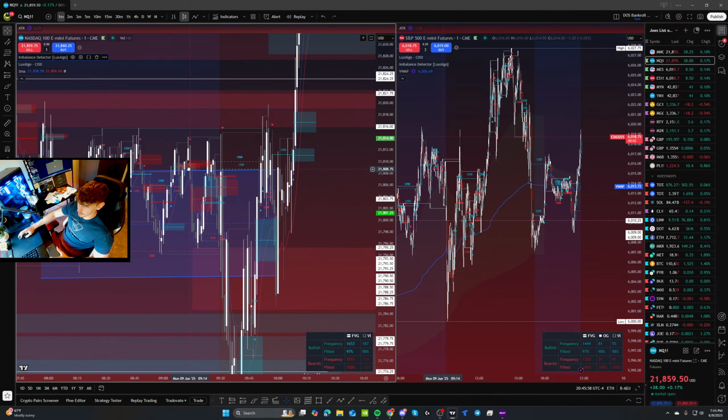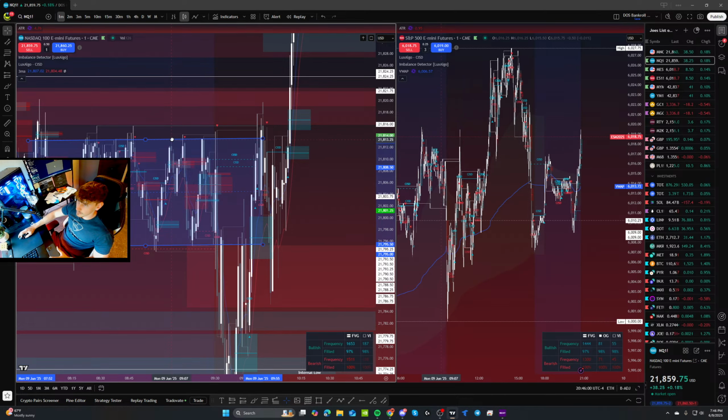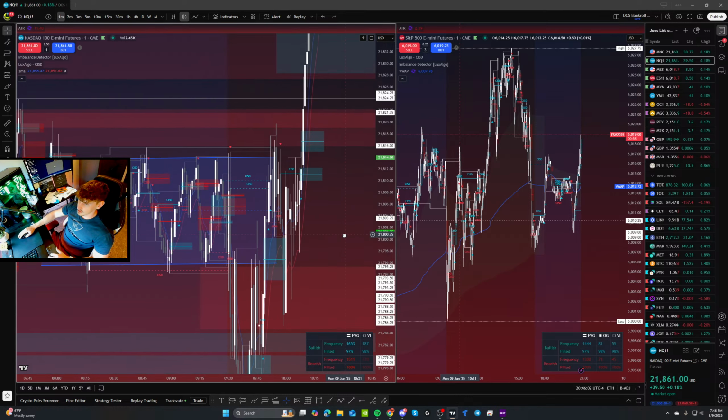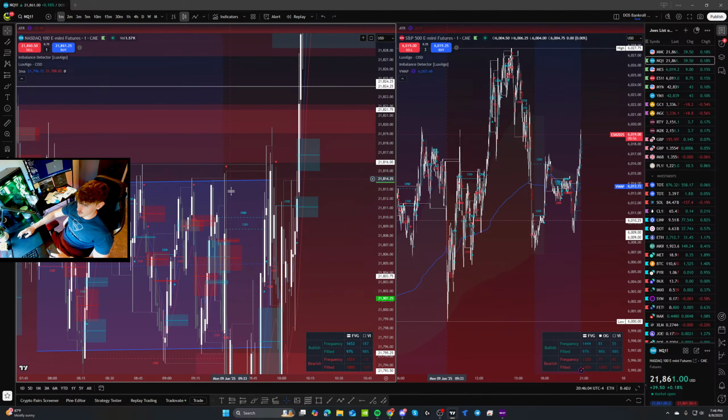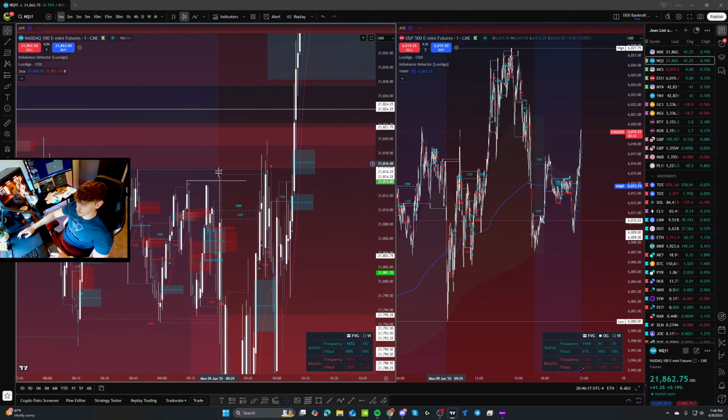There was a tiny little 1 minute manipulation right here. You see how this wick comes up and grabs these two highs. This little wick comes up and grabs these two. And then right off that, you get instant reactions downward, and it just floods.